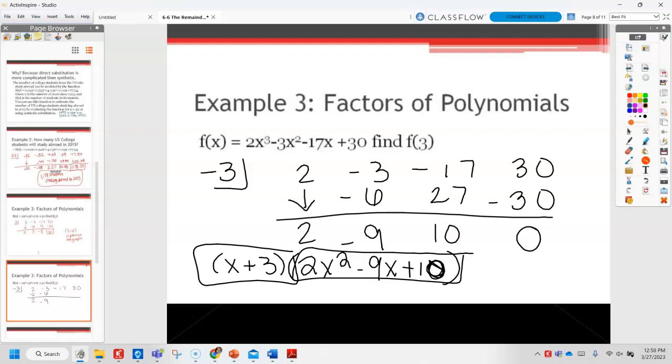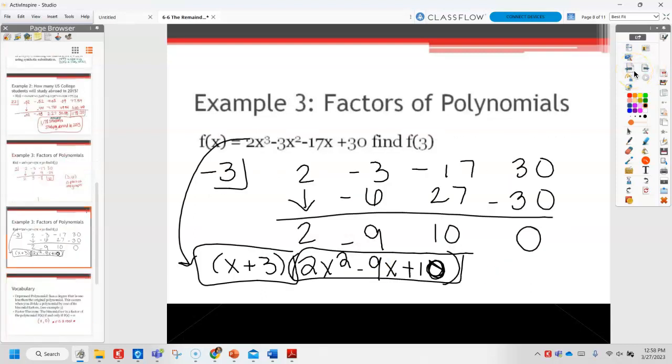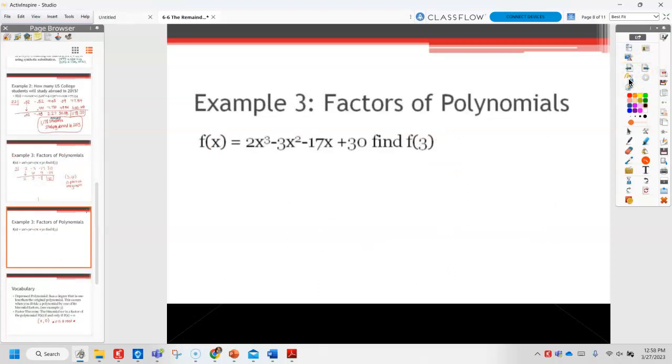X plus 3 is a factor. So this problem in factored form becomes that. When you plug in a number and get a 0, it tells you that that is a factor of the original function.